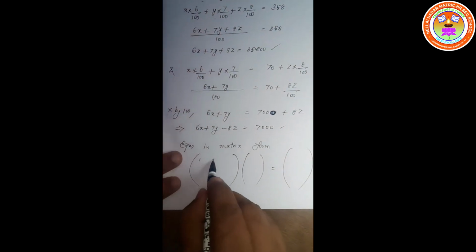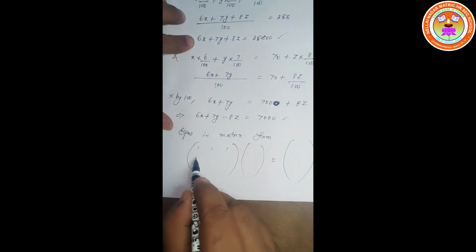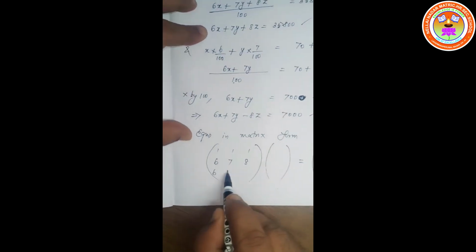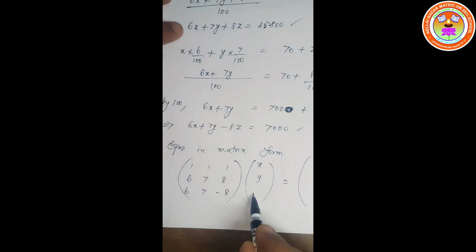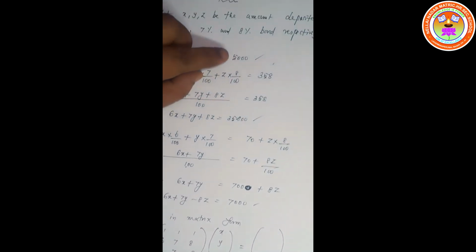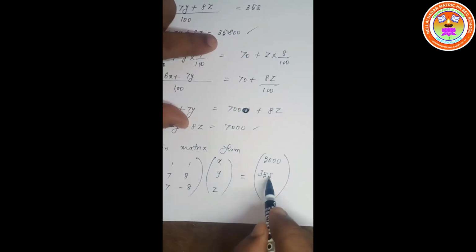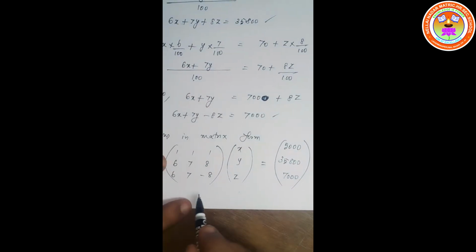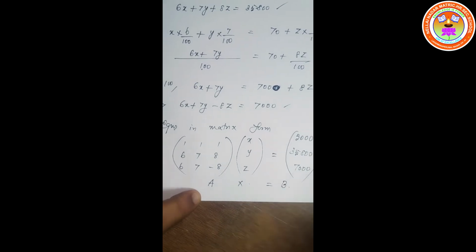Second 6, 7, 8. Third 6, 7, minus 8. Here as usual you write x, y and z. Constants here 5000, here 35,800, at the last 7,000. As usual we consider capital A, capital X and capital B.